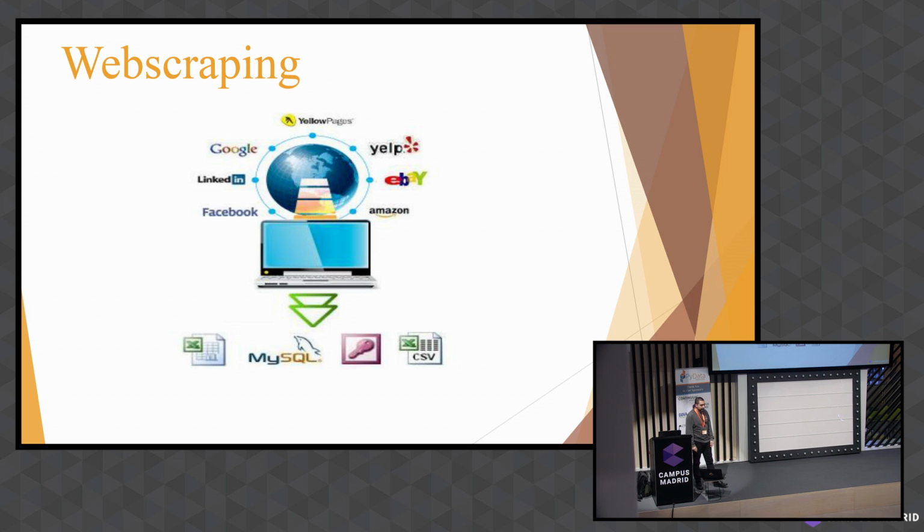The idea is that we have a search engine that returns links or URLs, and with tools like parsers or robots, we extract this information, and we generate reports in formats like Excel, CSV, JSON, XML, database, and so on.